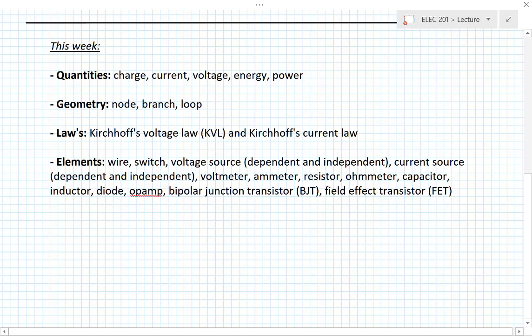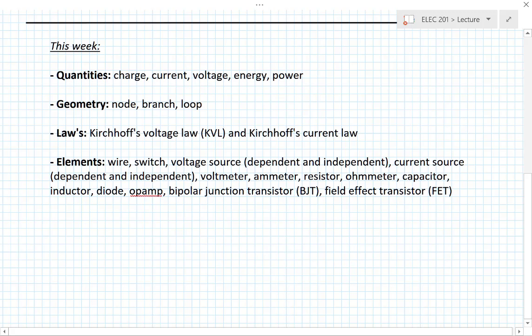And then we'll start discussing the elements. Again, some of them we talked about last time, but just to have everything done systematically in one place. And again, we'll see how far we go. You might recognize some elements here that are maybe more relevant to the later parts of the course: the op-amp, diode, transistors.